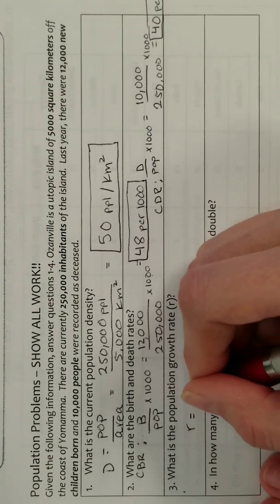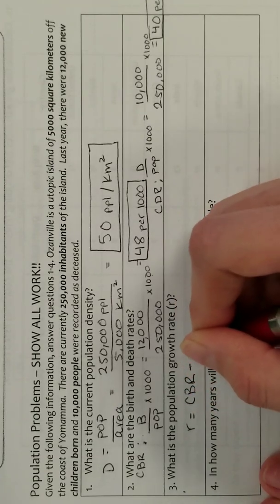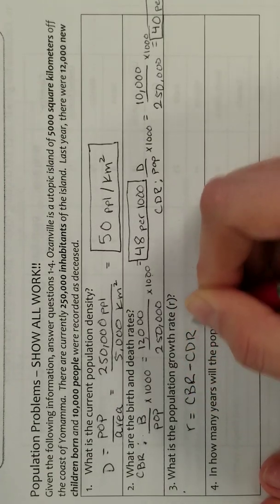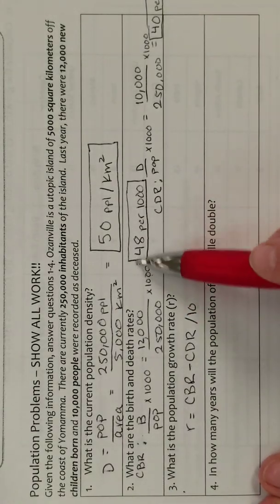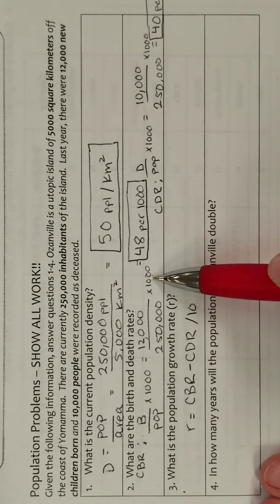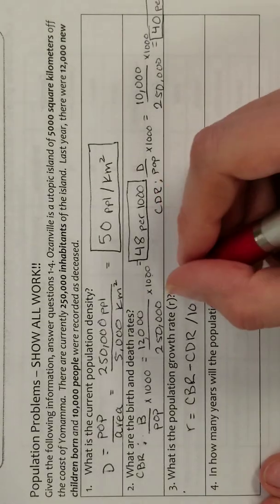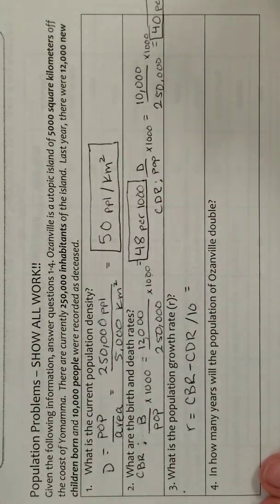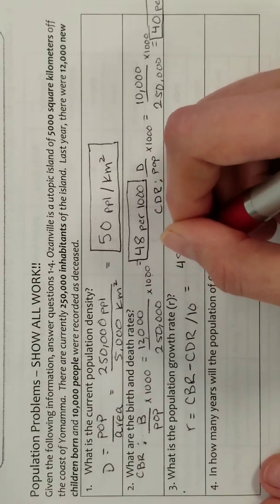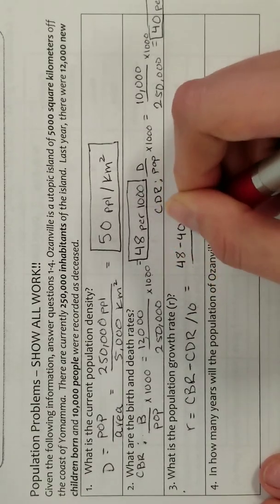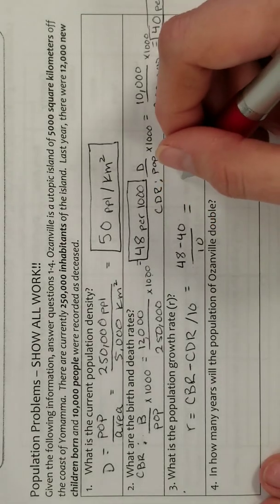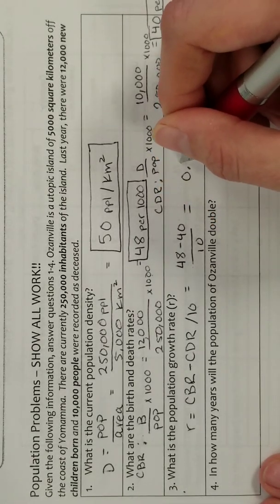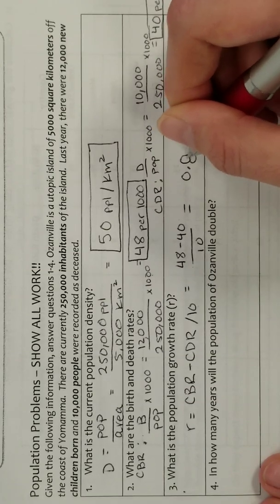Our rate equals crude birth rate minus crude death rate divided by 10. The reason why we're dividing by 10 is because we've already multiplied by 1,000 here instead of dividing by 100. Okay, so we plug our numbers. This is just 48 minus 40 divided by 10, which gives me a growth rate of 0.8%.